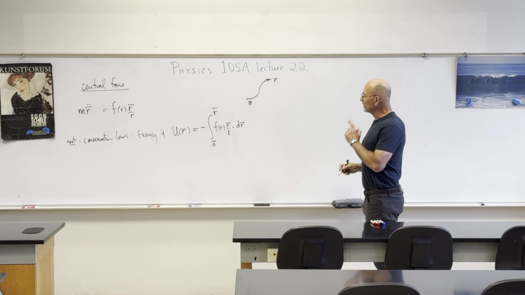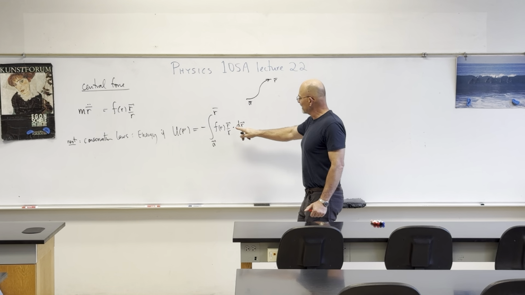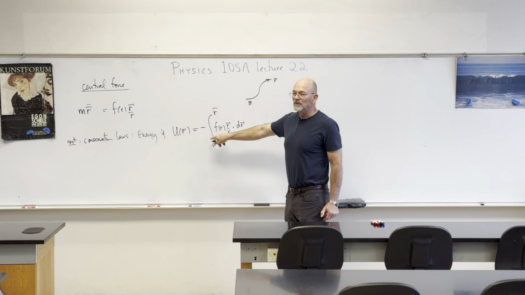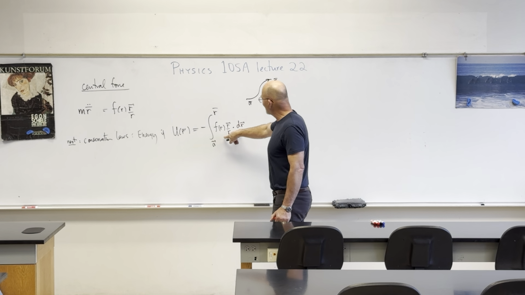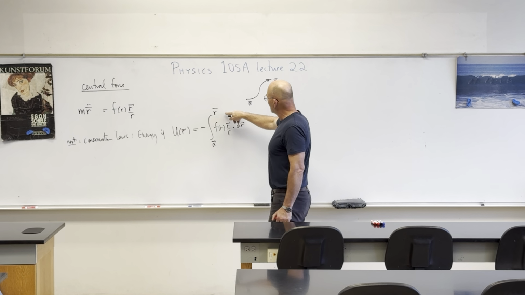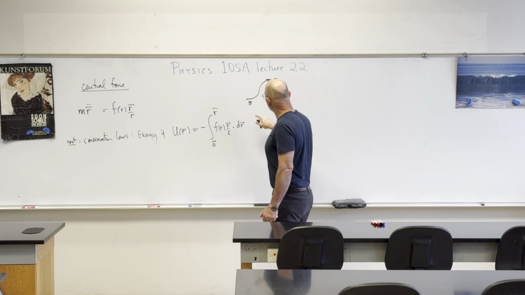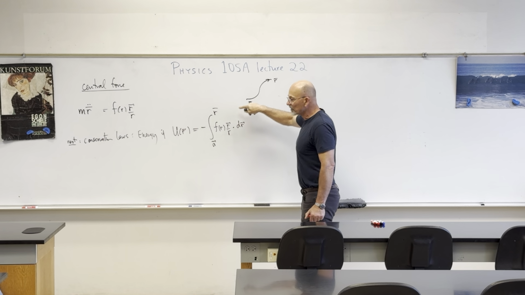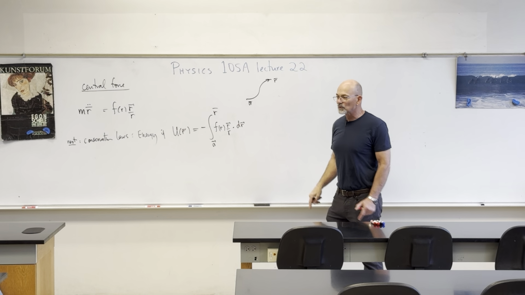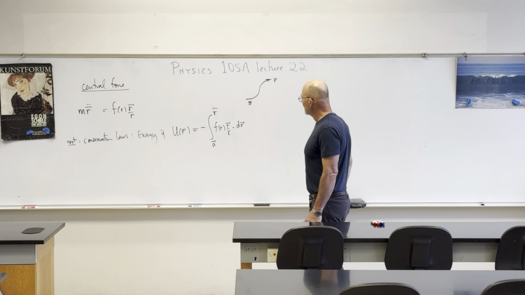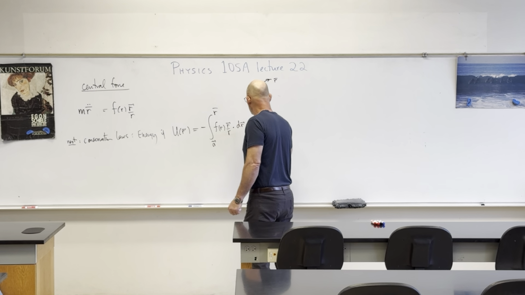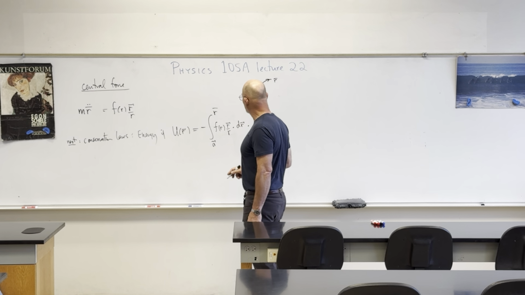And in order for this to be a potential energy, this is going to have to be unique. So the value is going to have to be unique for arbitrary paths, for arbitrary contours. And that will be the case if the integral over a closed contour vanishes. So this has to be unique.